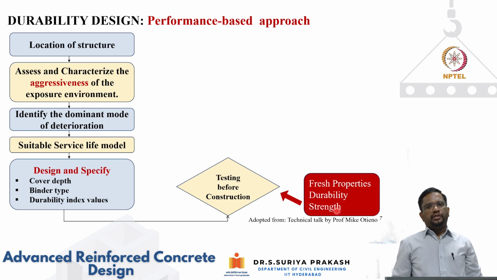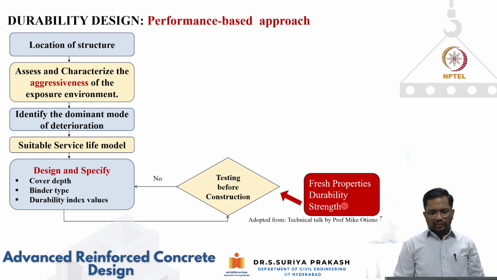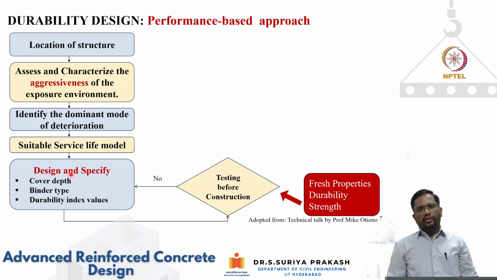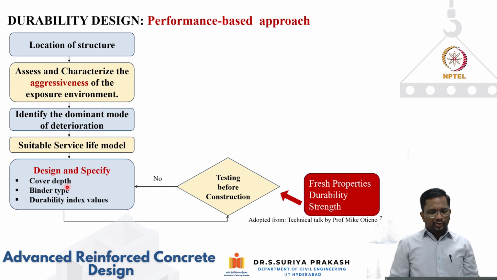And of course, strength is a very important characteristic that also should be satisfied. If at the stage before construction your mix design is not satisfying these values, of course we go ahead and change, for example, the mix design, or you choose a different cement, or you adjust your proportions so that you are able to meet all these fresh properties, durability properties, and strength.